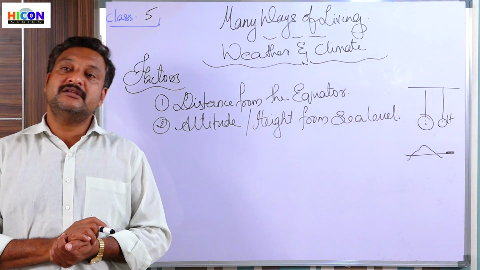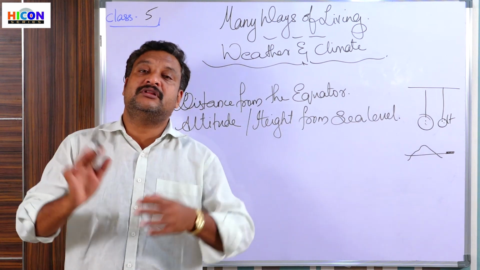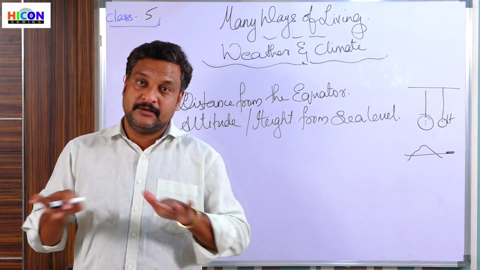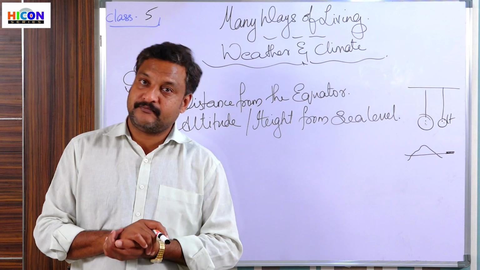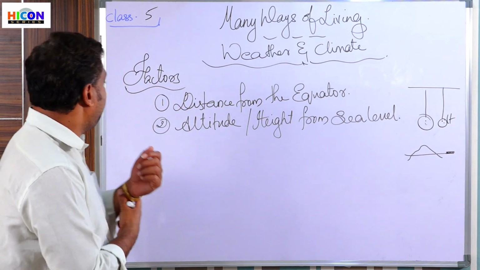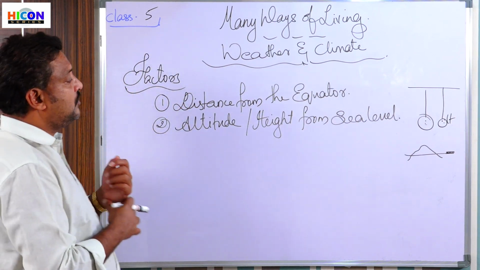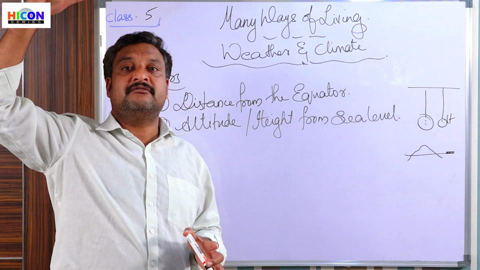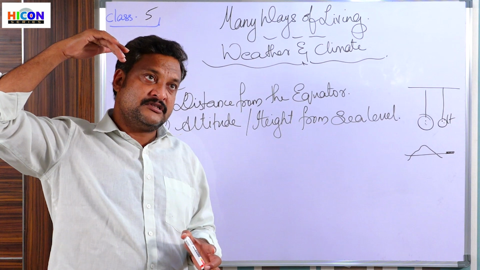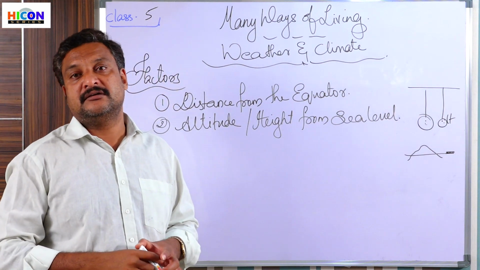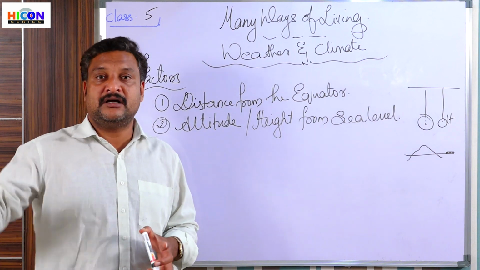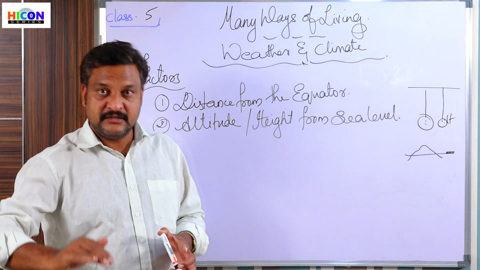So hills and the areas around them always have a cooler climate than the plain regions. That is the second factor: altitude, or the height from sea level.